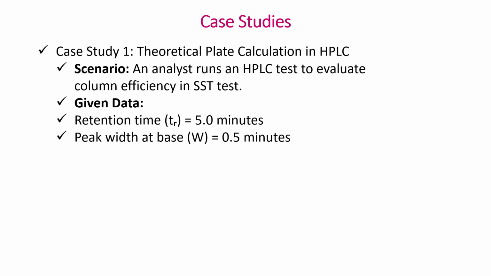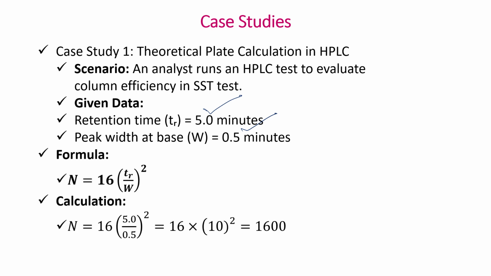Case studies. Let us consider a chromatogram contains a peak which is eluting at 5 minutes and the width of the peak is 0.5 minutes. Now let us see how theoretical plate will be calculated using formula 1. Formula 1 is N is equal to 16 into T divided by W whole square.